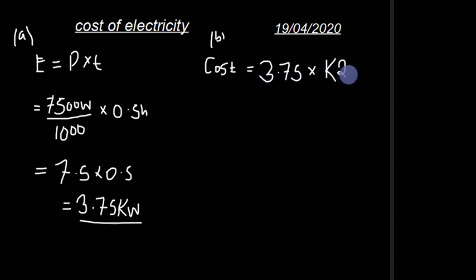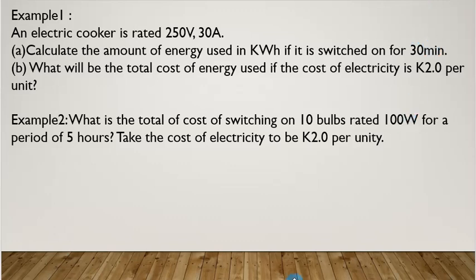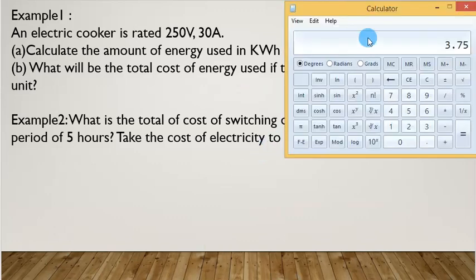Take note of the fact that 2 kwacha, the K is supposed to be in front and not behind. So 2 by 3.75, we get, let us compute. So we have 3.75 there, we multiply it by 2 and it gives us 7.5 kwacha.